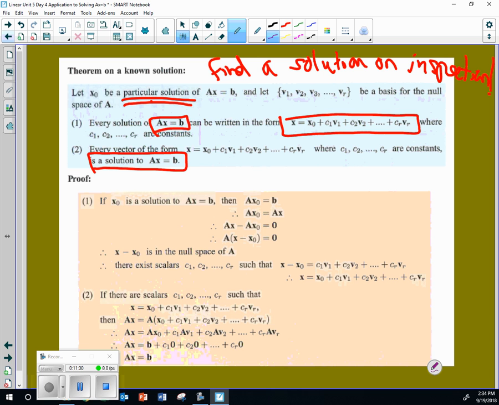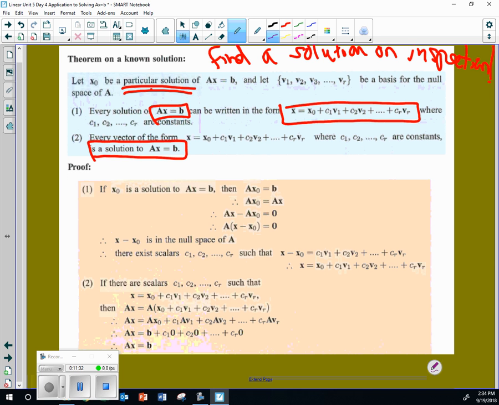They proved that here. If x0 is a solution, A x0 is b, because it's a solution. That's what solution means. And so b is Ax. Why is that? Because Ax equals b. So if we move it to one side and pull out the A, you'll get A times (x minus x0), and x minus x0 is in the null space.